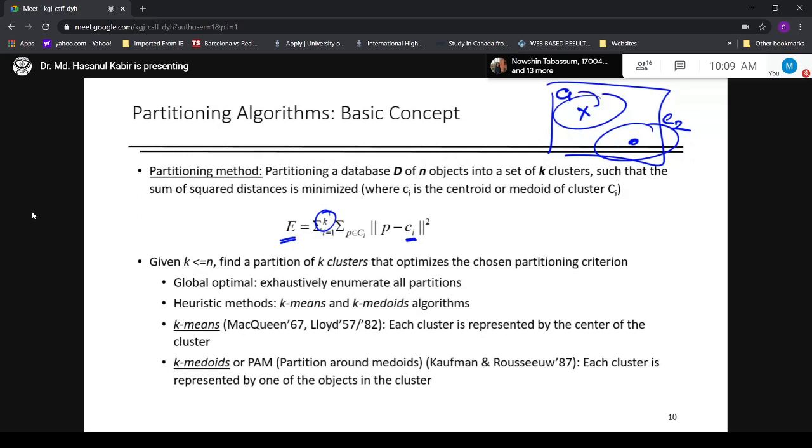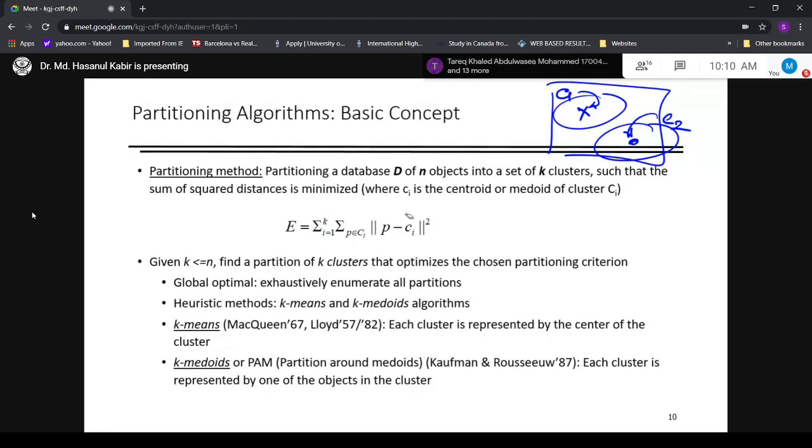If we want to minimize the square distance, then for all the samples assigned to the ith class, the distance with respect to the ith class center should be the smallest. This is the main equation that we see in this class of partitioning algorithms.